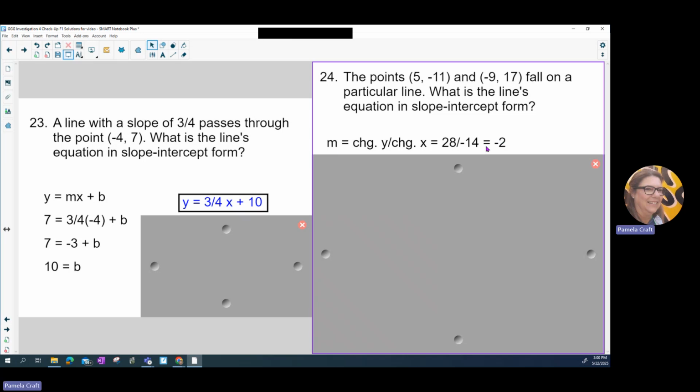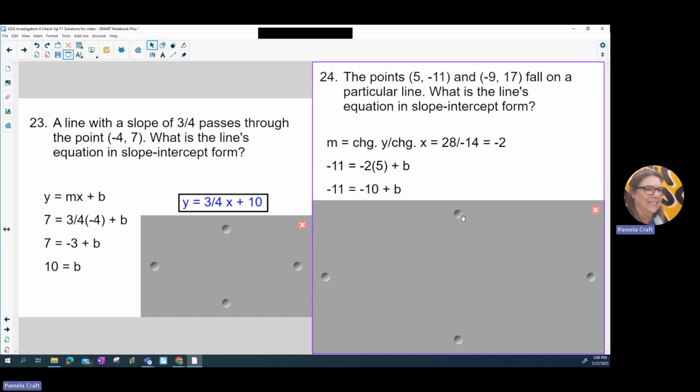So now I'm going to use that number and one of my points. So I'm going to plug in -11 for my y, right up here. -11 is the y coordinate, is equal to -2, which is your m, multiplied by your x, which is +5, plus b. We need to find out what b equals. So I'm going to multiply -2 times 5.